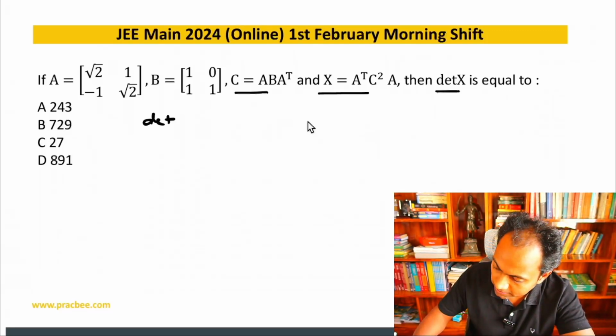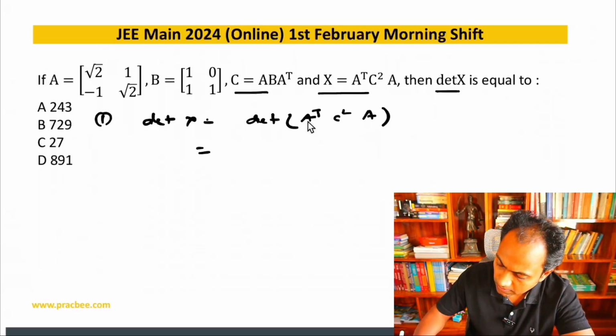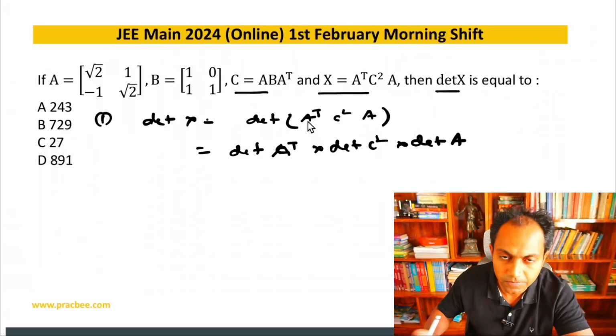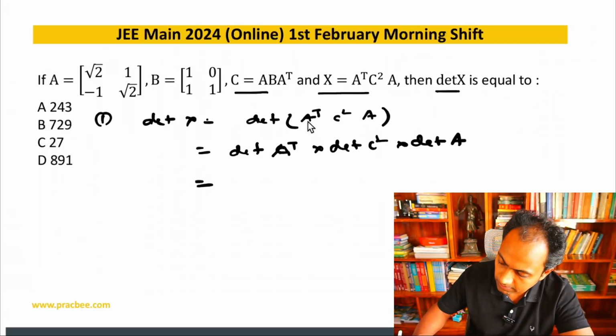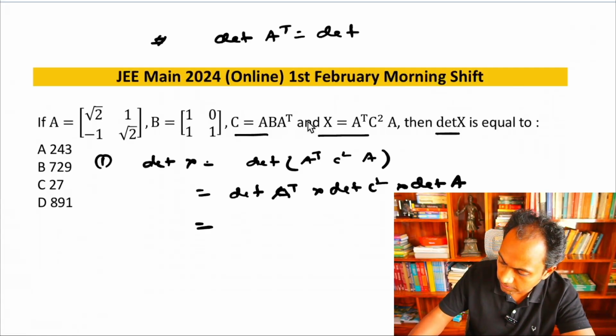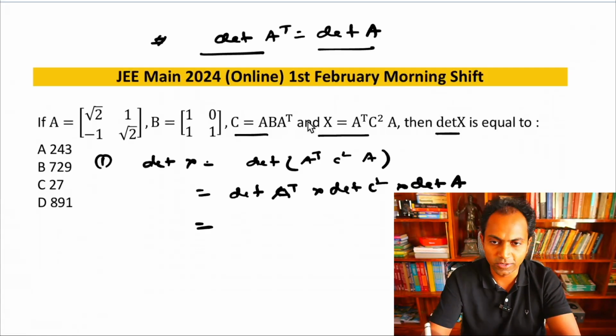If I want to write the determinant of X, it will become nothing but the determinant of A transpose C square A. And we know that if something is a multiplication, then the determinants will also get multiplied. So this will become the determinant of A transpose into the determinant of C square into the determinant of A. Now again, this is also an important property to know: the determinant of A transpose is equal to the determinant of A, because the order in which you open the determinant, whether row or column, does not impact it.